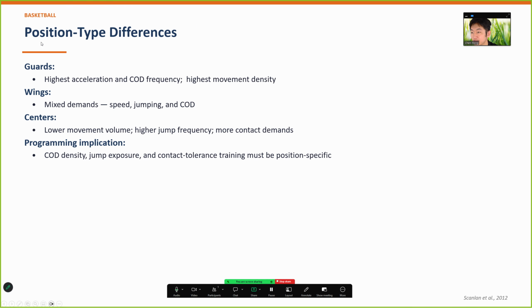The position type differences. Guards have the highest acceleration and change of direction frequency, and the highest movement density. Wings have mixed demands of speed, jumping, and COD. Centers have lower movement volume, higher jumping frequency, and more contact demands.